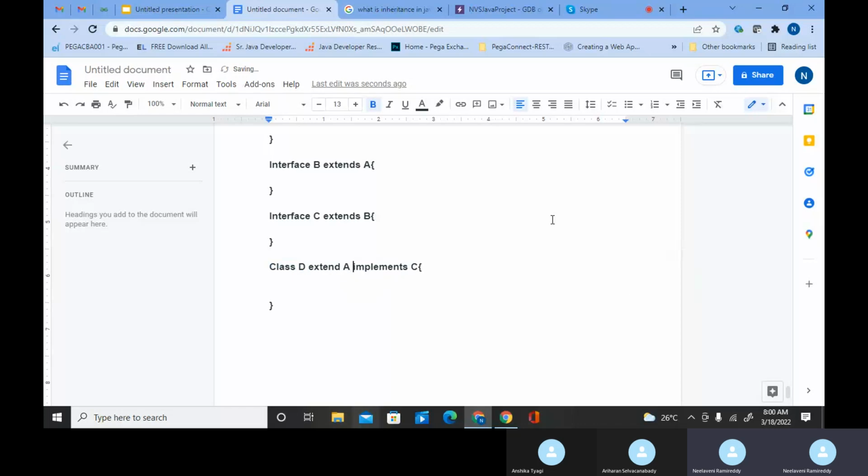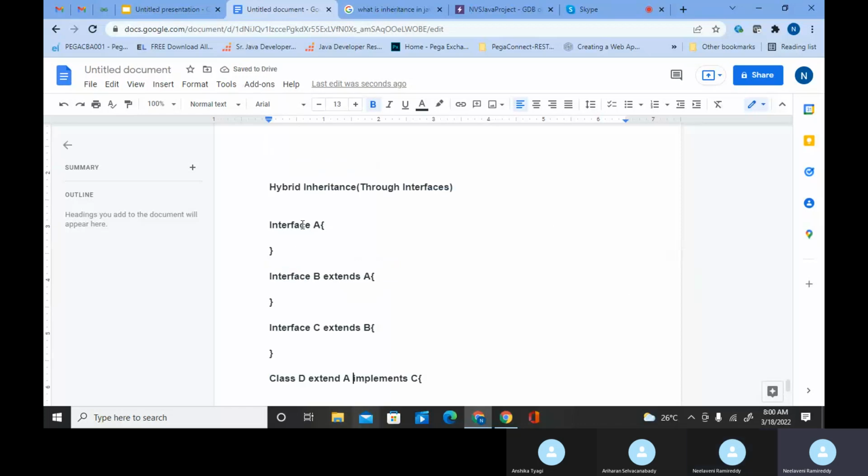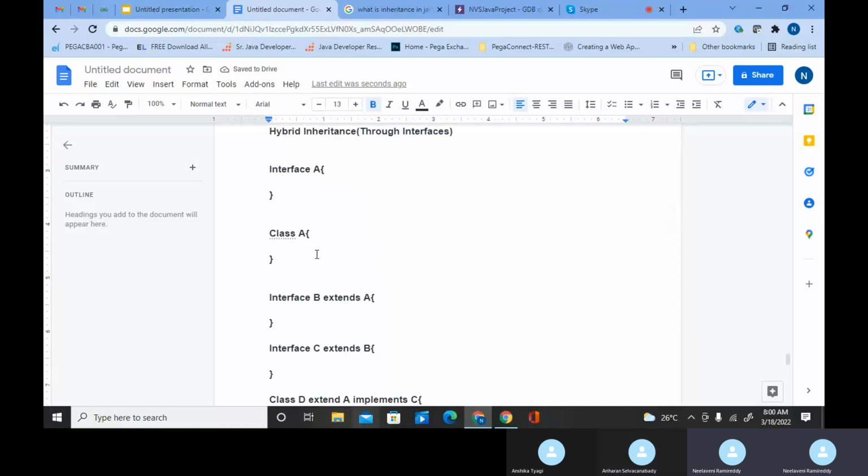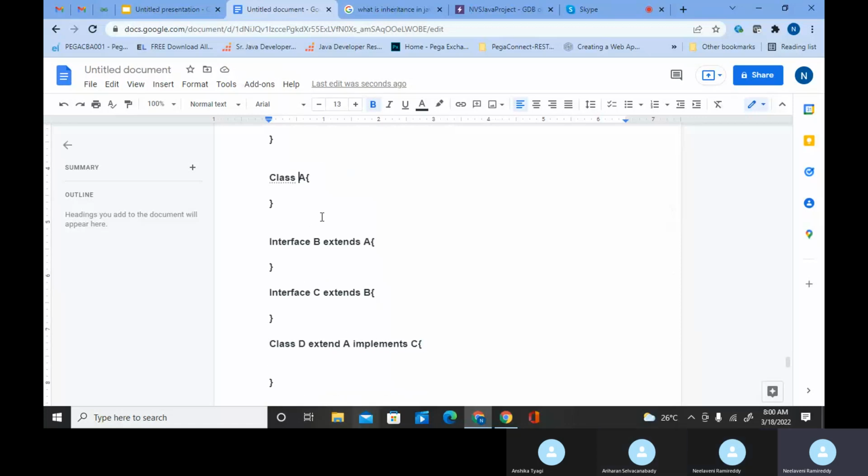Like for example, here one more class is there. I'm giving examples of how many ways to utilize all the methods, all the ways to create the classes and methods. Okay, class A is there. Now I'm going to give another name, class A1.